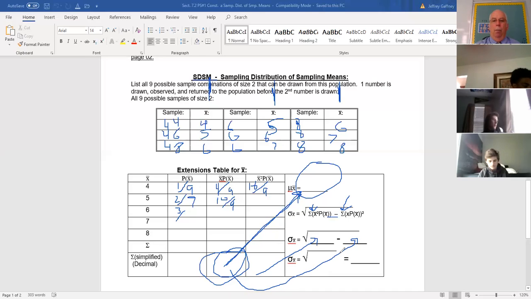Now, this is 2/9. This is 1/9. So we can see things are kind of coalescing or congregating around 6, right?